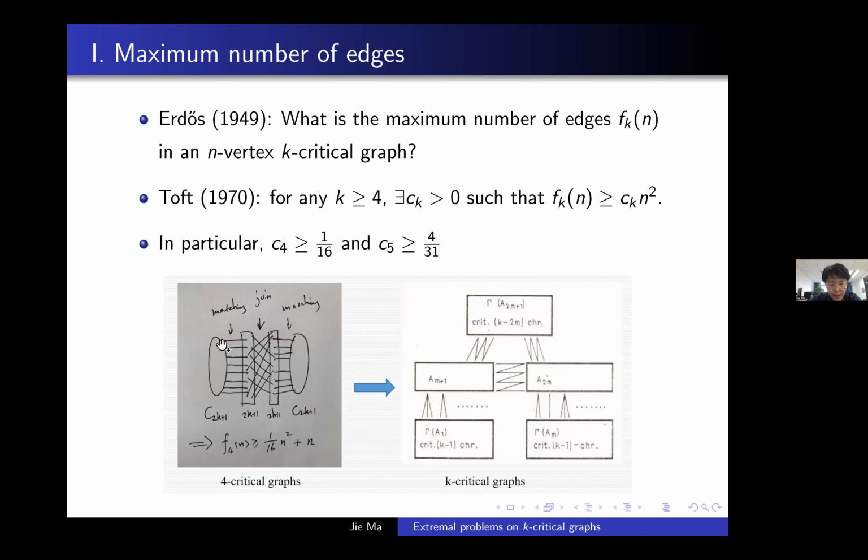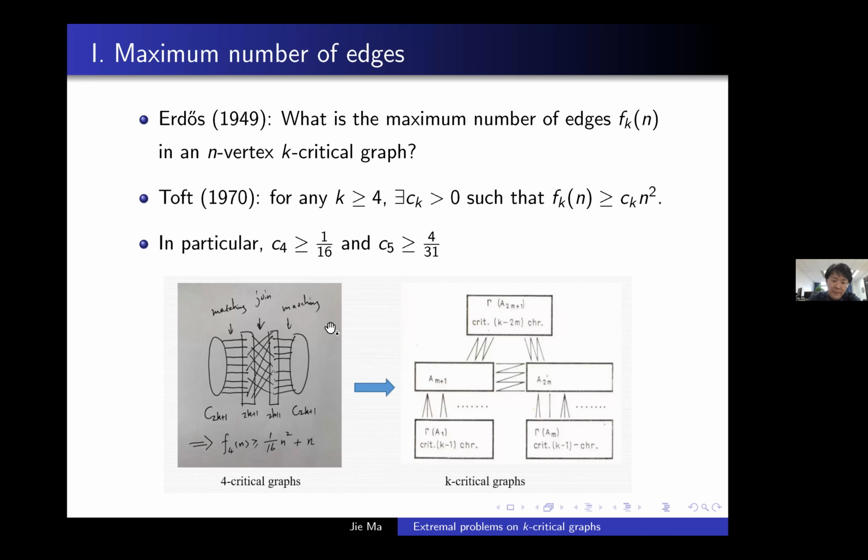We put a perfect matching between the first odd cycle and the first independent set, and also a perfect matching between the second independent set and the second odd cycle. Between the 2 independent sets, we put a complete bipartite graph. It's very easy to check that this graph is indeed 4-critical, and it has n/4 times n/4 many edges, which is n squared over 16.